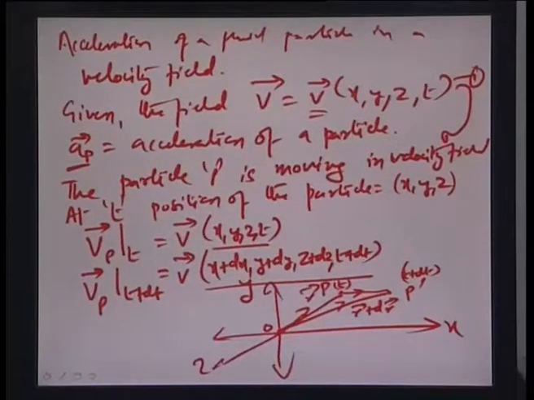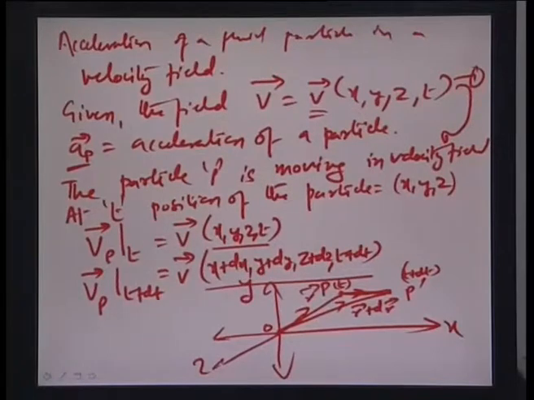It is a function of x plus dx, that means the traversing of the particle in the x direction by an elemental distance dx, the traversing in the y direction by dy, and similarly in the z direction by dz, from point P to P dash. They are at two different time instances, t and t plus dt.